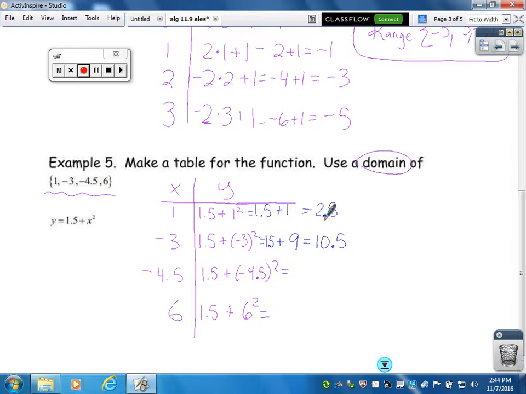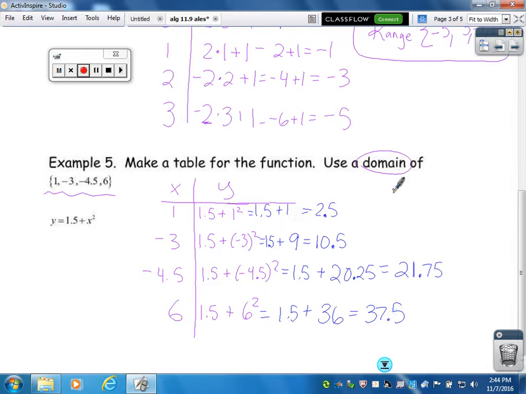We've got -4.5 times -4.5, which is 20.25. And then we need to add 1.5 to that. So we're at 21.75. Next one, we've got 6 squared, which is 6 times 6, which is 36, plus 1.5, which is 37.5.